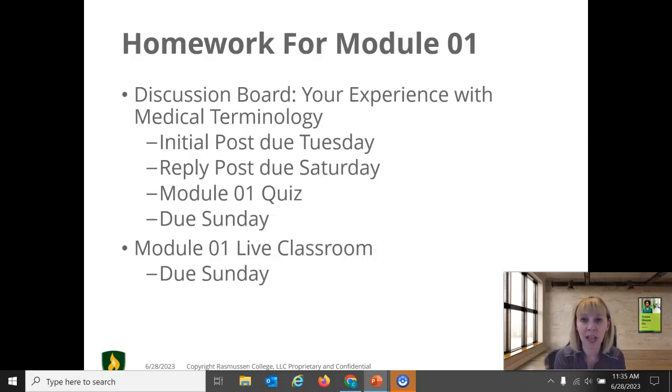For Module 1, I did in fact give an example of what I'm looking for when it comes to an initial discussion board: how you should be answering the questions, what that formatting should look like, and how you should be writing those. Again, those are due on Tuesdays. For Module 1, I've left it open so you can view that. However, moving forward, in weeks 2 through 6, you will have to do your initial posting first before you will see any other student work.